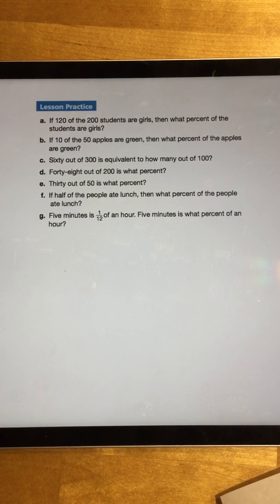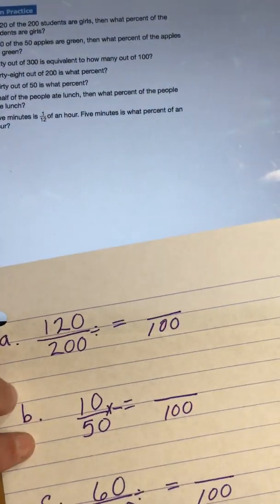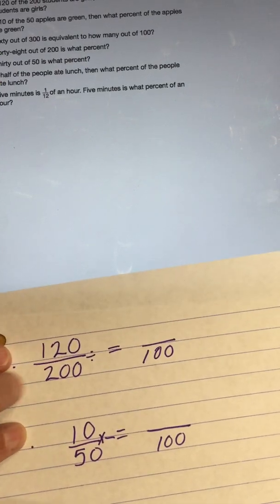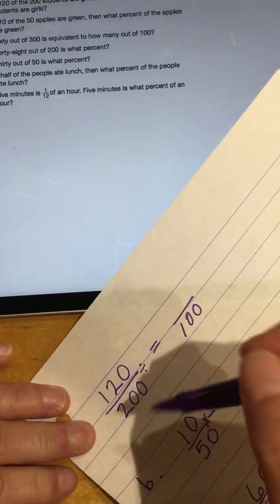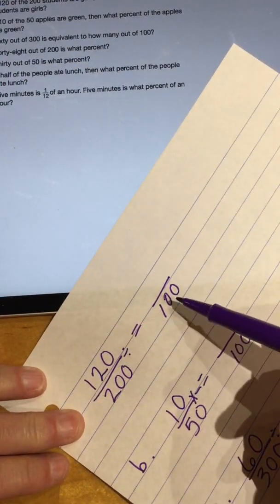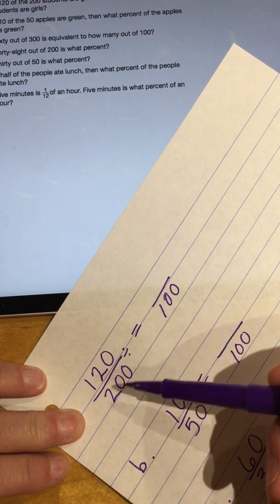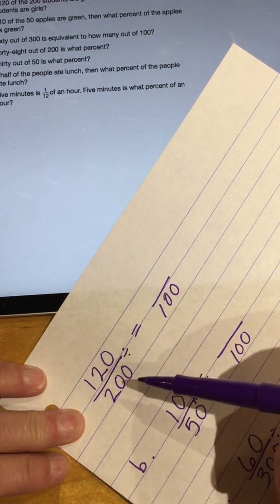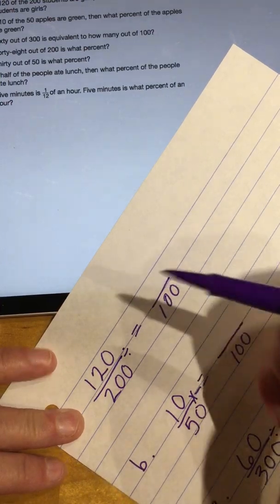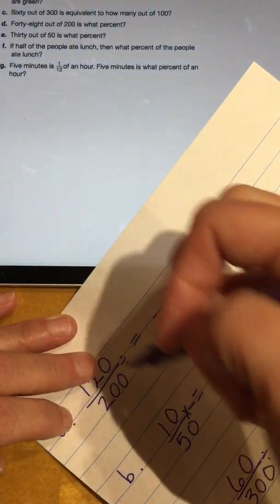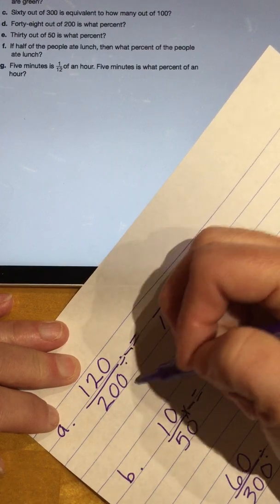If 120 of the 200 students are girls, then what percent of the students are girls? So, I need to go from, I'm going to slide my iPad up, I don't want to write on that, 120 of 200. So in order to get there, the 200 is larger. So I need to find the denominator of 100, so I need to divide these two numbers. I need to think about what I could divide by to get me to 100.